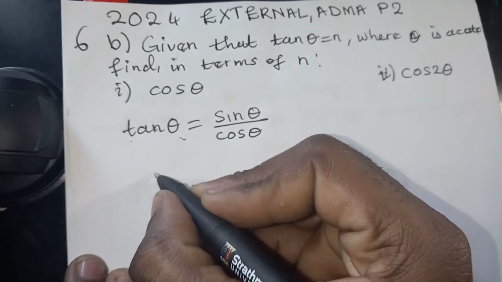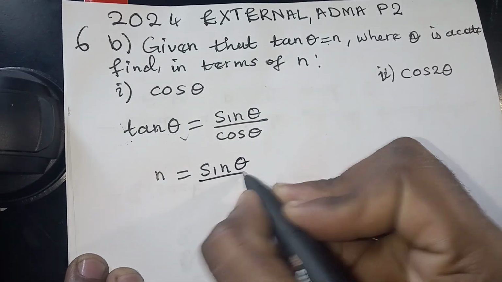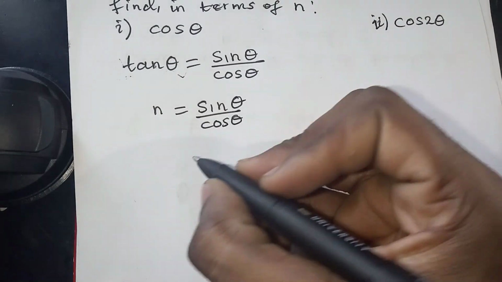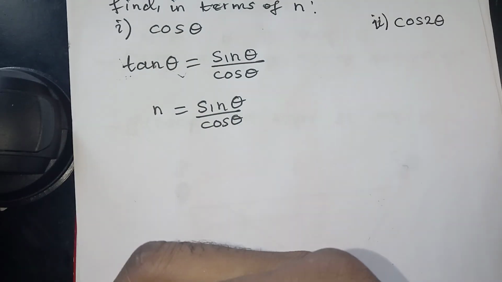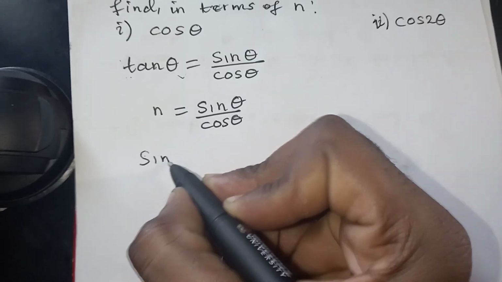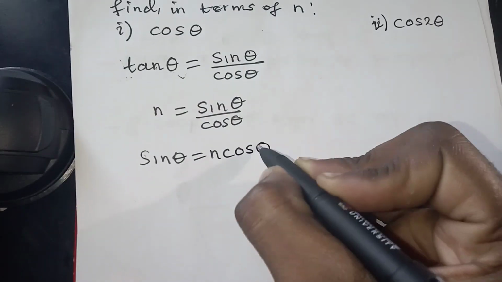So where there is tan, you can put n. Then you have sine theta over cos theta. So now you can cross multiply here and get something like this. Sine theta is equal to n cos theta.